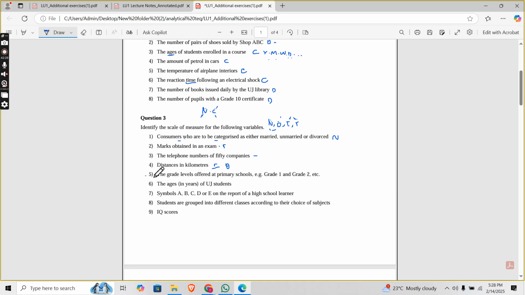Number 5, the grade levels offered at primary schools, for example grade 1 and grade 2, etc. Anyone who wants to answer this one? Is it nominal, ordinal, interval, or ratio?